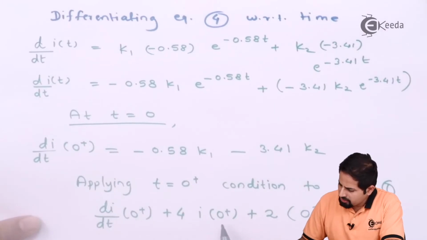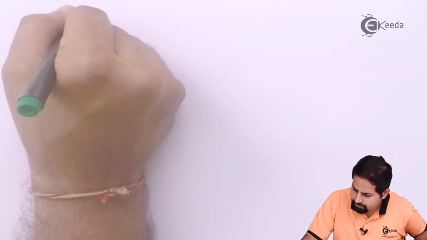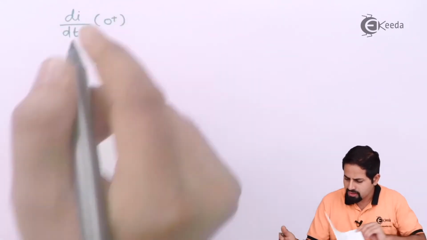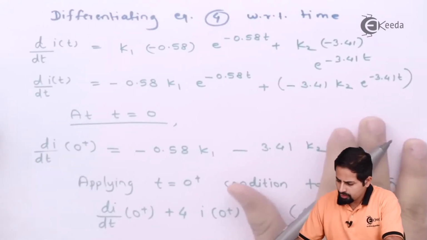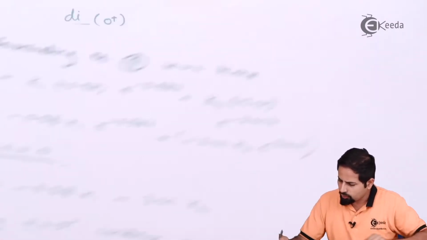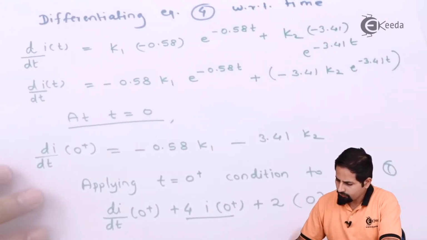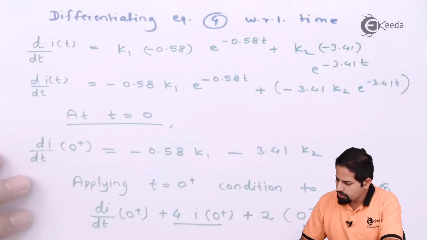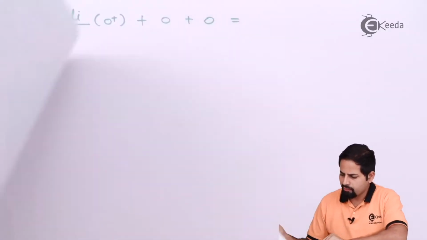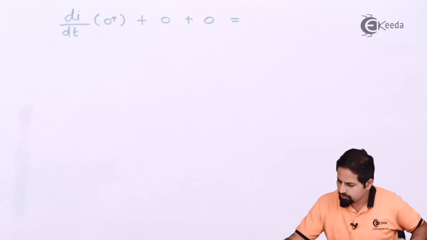Now i of 0 plus is 0, so this term has become 0. So di by dt at 0 plus, plus 0, plus 2 into 0, that is 0, is equal to minus 4.